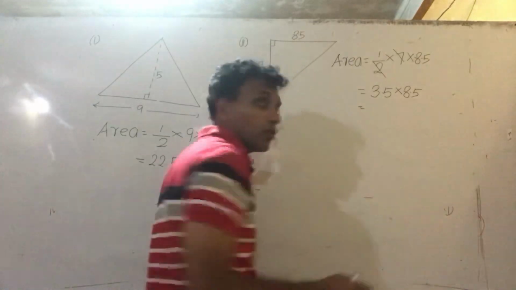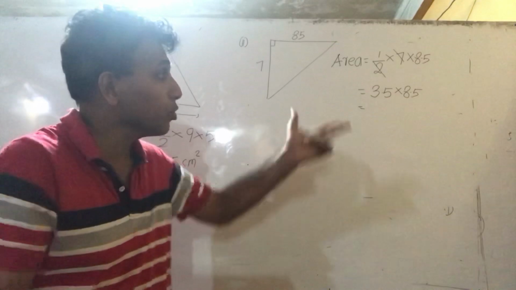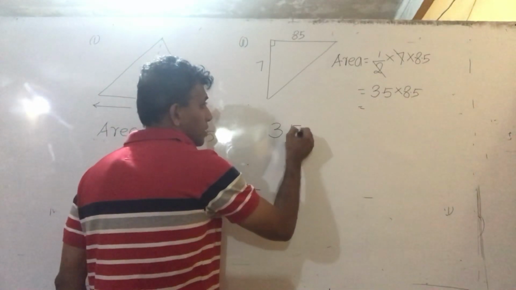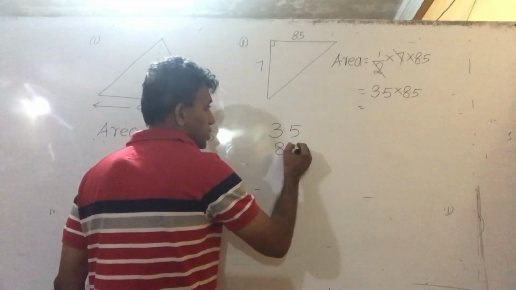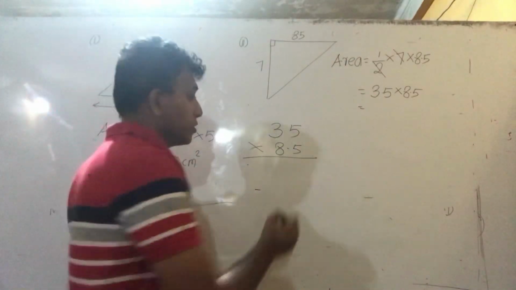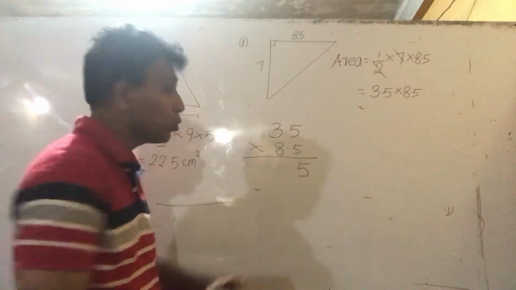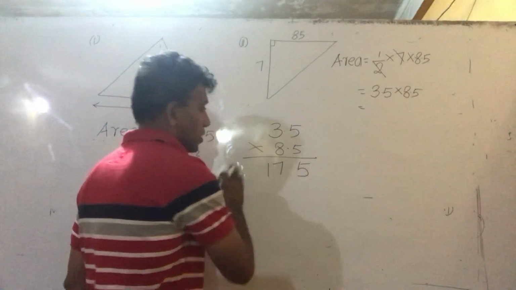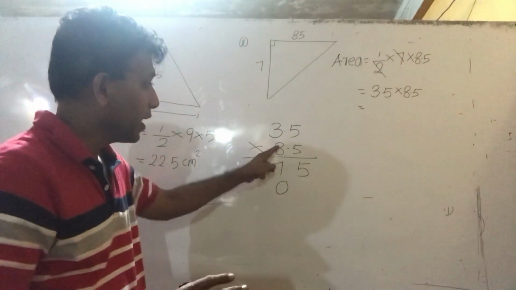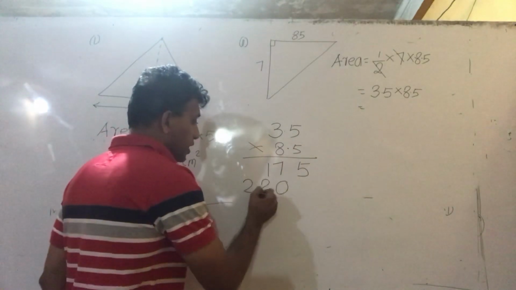So many O level students don't know how to multiply decimals. I hope some of you also don't know the multiplication. So study once again; I explained it in your grade 7 maths, decimal multiplication. How that multiplication? 5 times 5, 25, 2 carried, 15 and 2, 17. 8 times 5, 40, 4 carried, 8 times 3, 24 and 4, is 28.